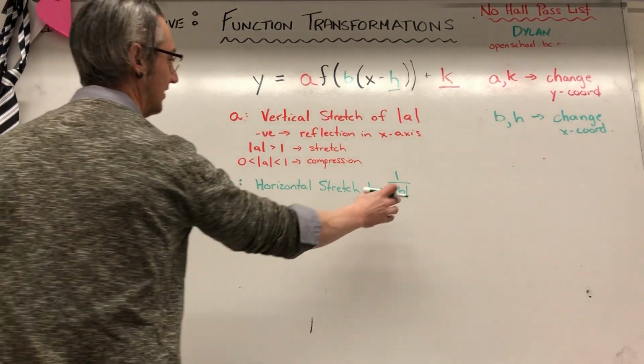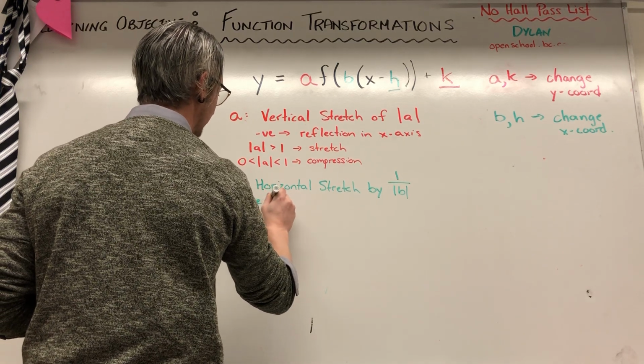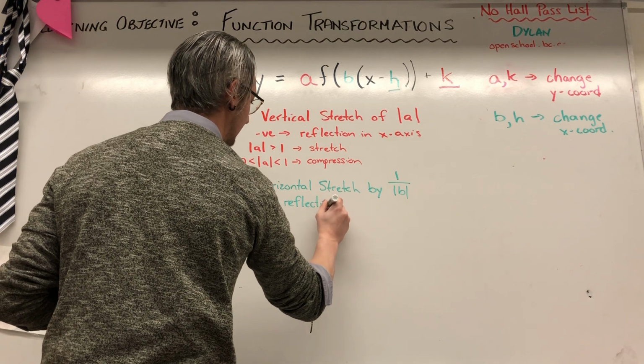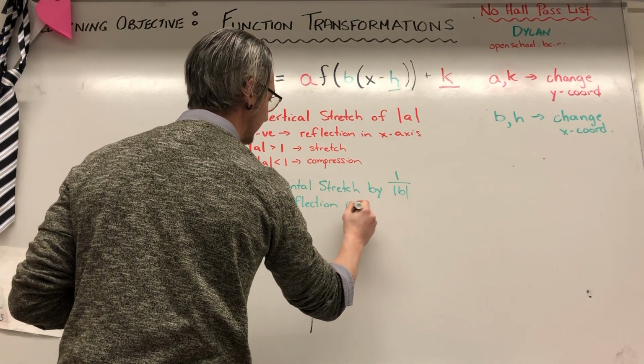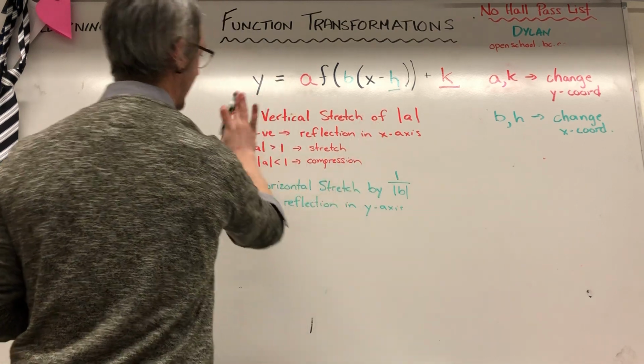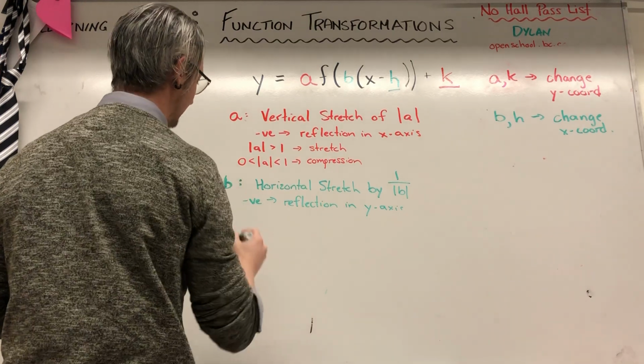So it behaves in an inverse way to A. However, when it's negative, we still get a reflection, but that reflection is in the y-axis, versus A, which reflects in the x-axis.